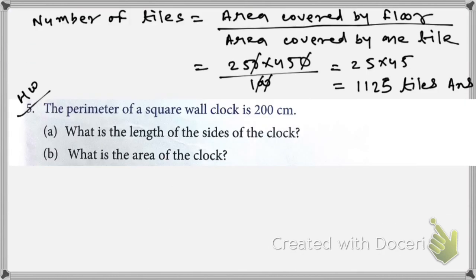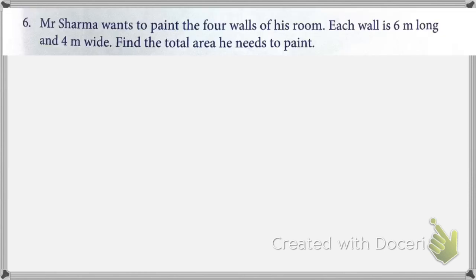Okay, next question number 6th. Mr. Sharma wants to paint the floor of the room. Each wall is 6 meter long. Let's solve this question. Mr. Sharma wants to paint the 4 walls of his room.